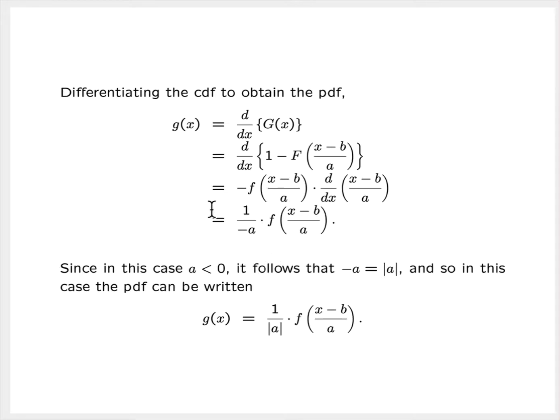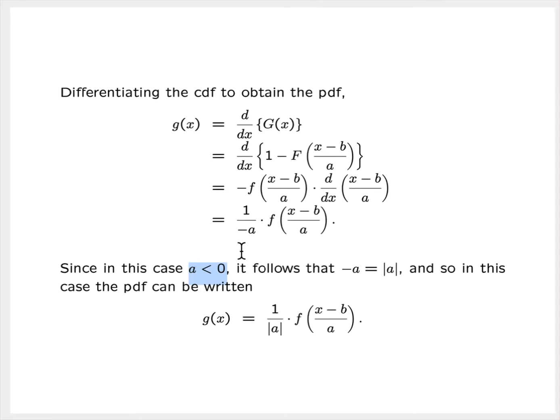So we have negative 1 over a times f evaluated at (x minus b) over a. But I can associate the negative with the a down here, and that's helpful because we're dealing with a situation where a is negative.